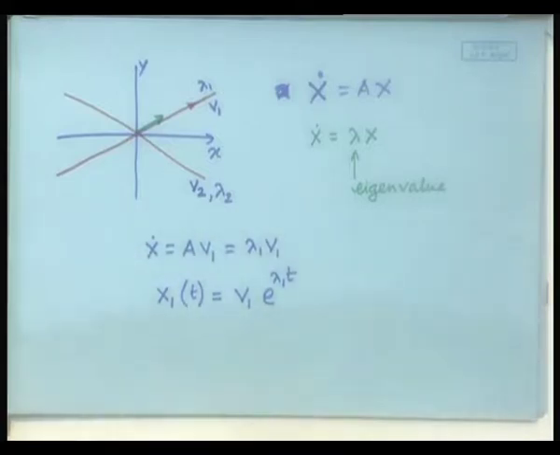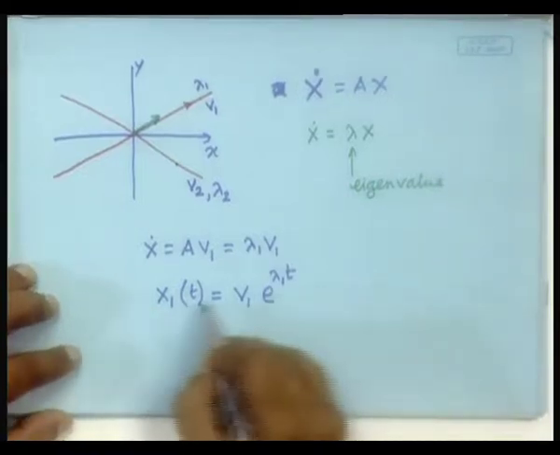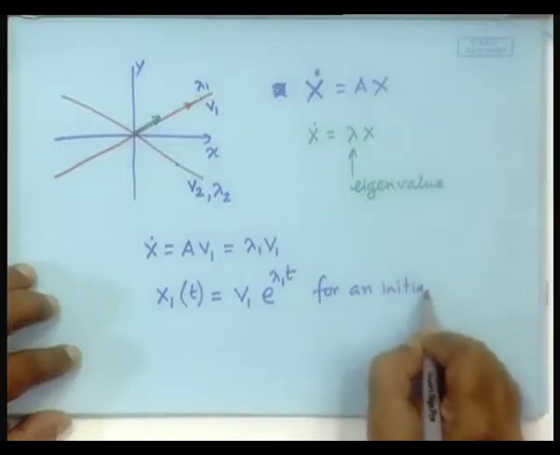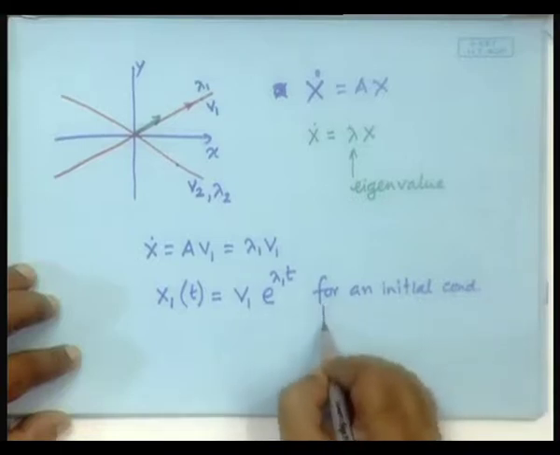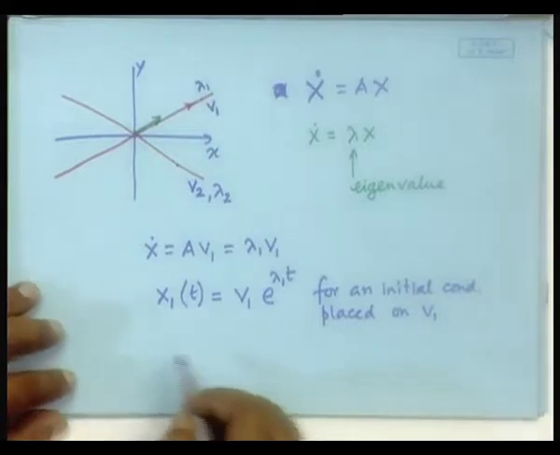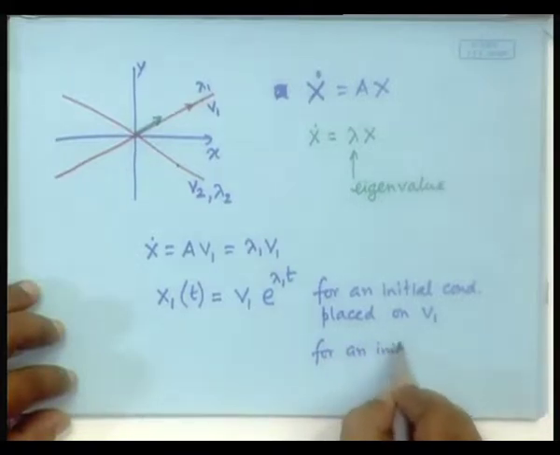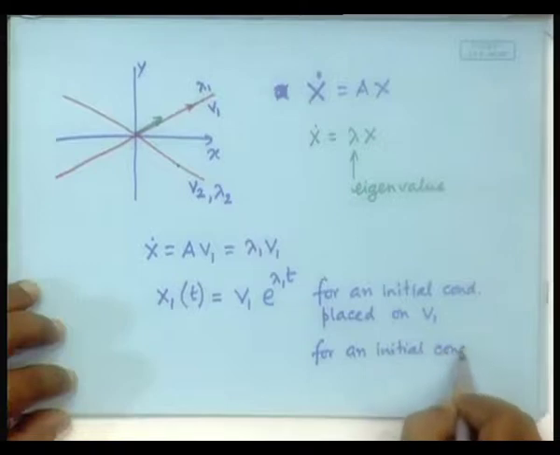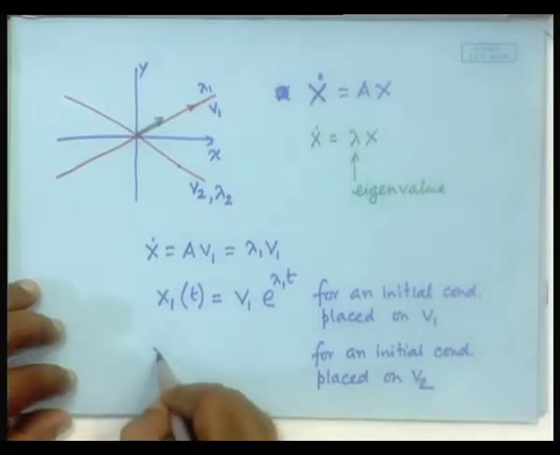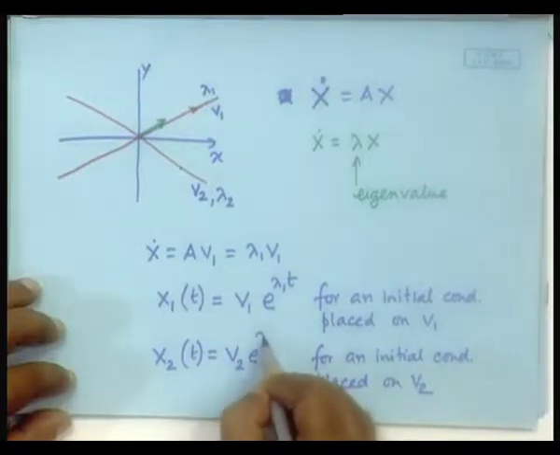Similarly, if you place another initial condition on V2, the solution will be x2 of t equal to V2 e to the power lambda 2 t.